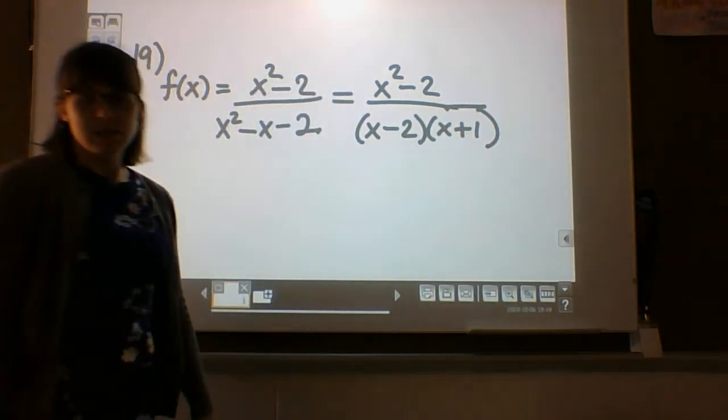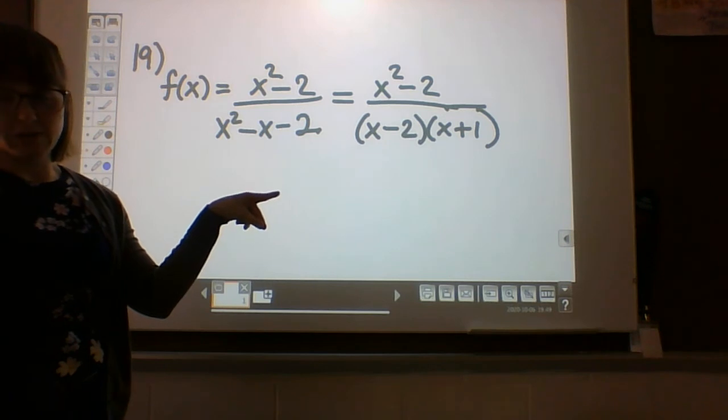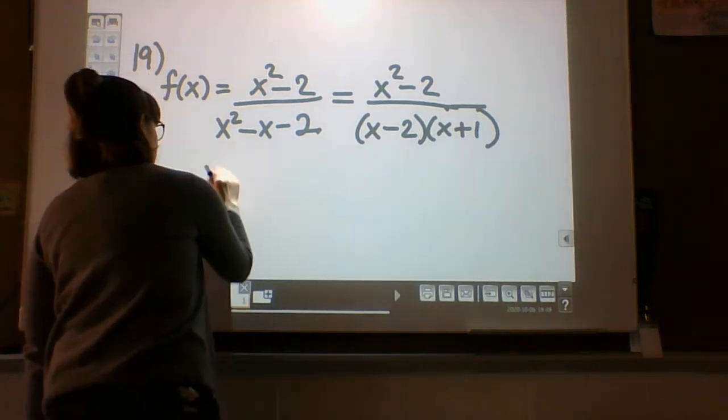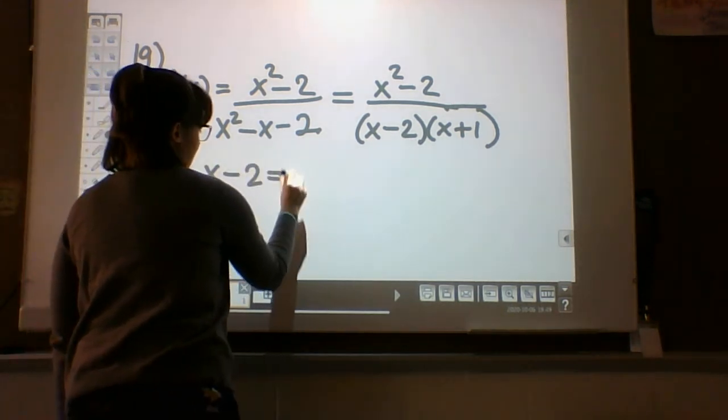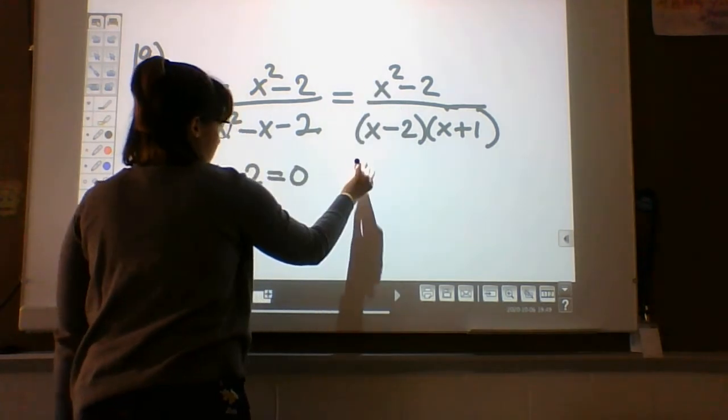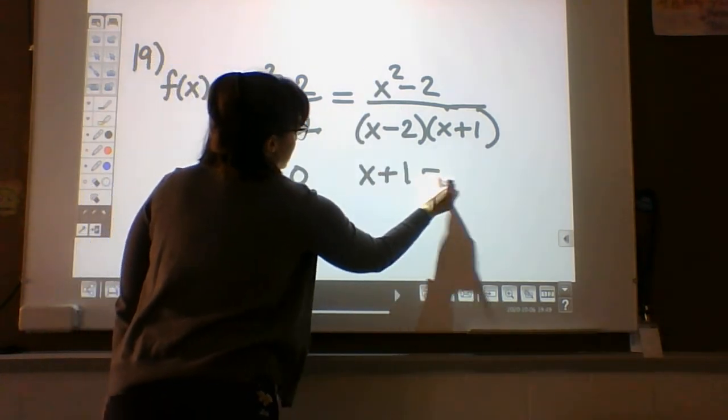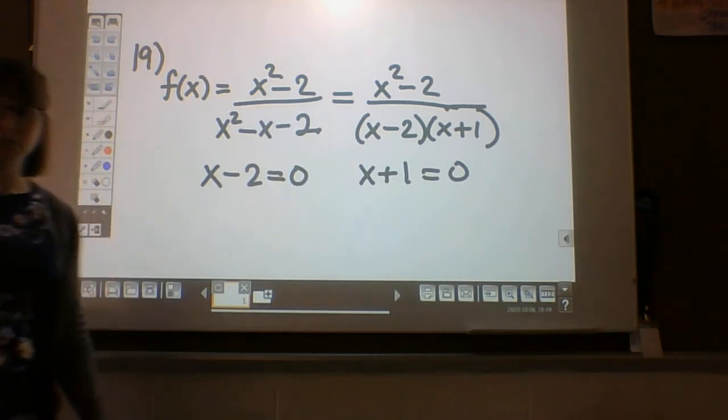Okay. So now we're going to take each part of the bottom here and set it equal to 0, because I cannot cancel out anything here. Okay, and we're going to solve both of those for x.